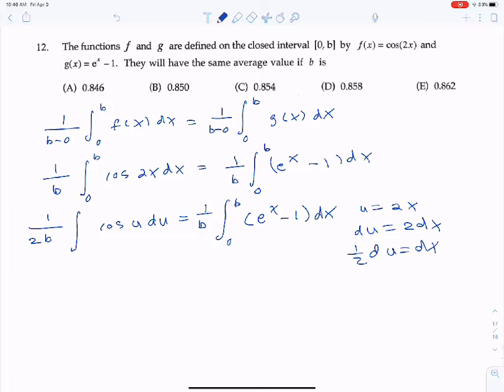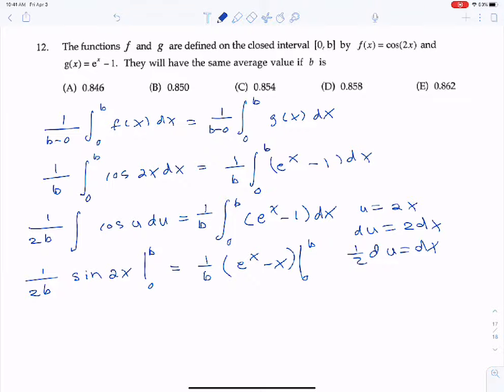So from here, we get 1 over 2b. The integral of cosine is sine, so times sine of u. But I'm going to do my resubstitution here. So sine of u equals sine of 2x, and we will be integrating from 0 to b. And that's going to be equal to 1 over b times the integral of that other function, which gives e to the x minus x from 0 to b.